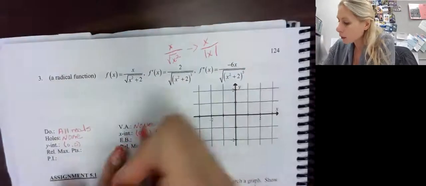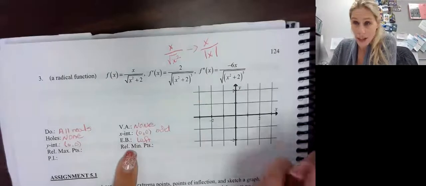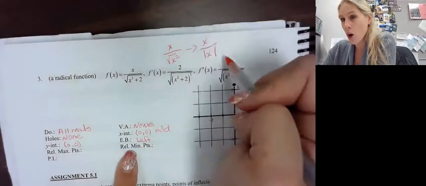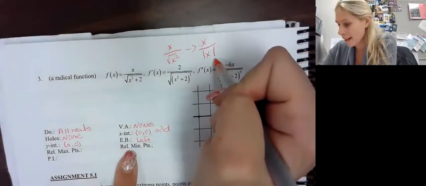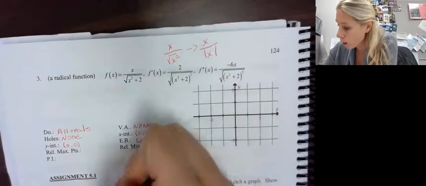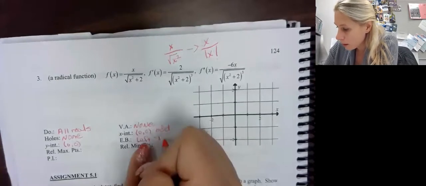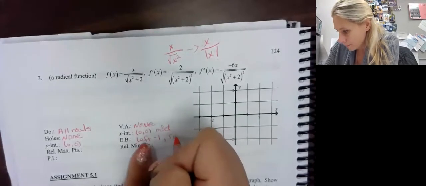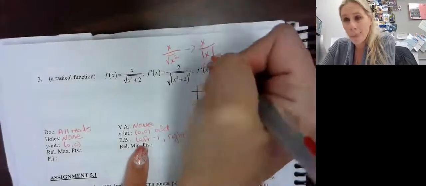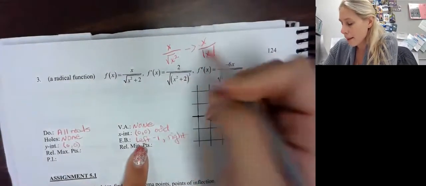So as we go left, negative infinity, we would get a negative over a positive, which is a negative, and we take the coefficient in front. Coefficient in front is 1. So our left side is going toward -1. And our right side, because when we plug in infinity, we get a positive over a positive, which is positive. Again, coefficient in front, so it's going to be a +1.